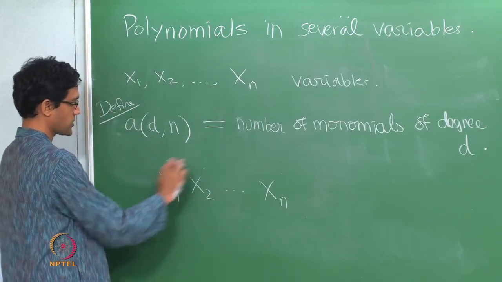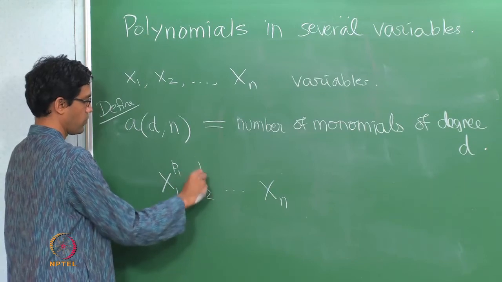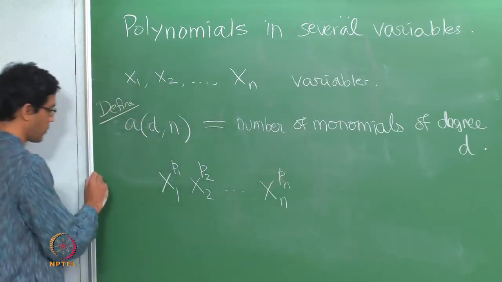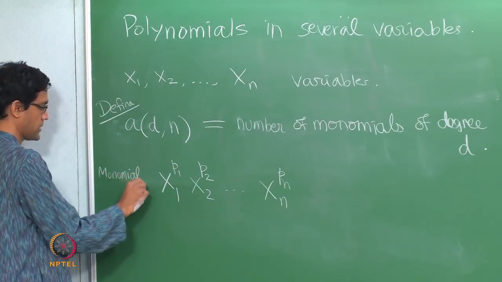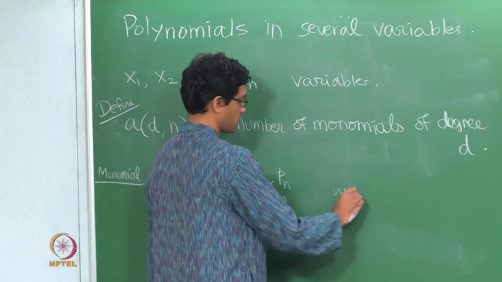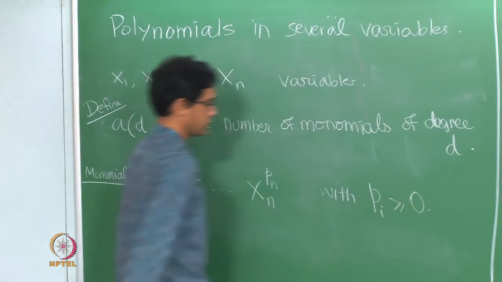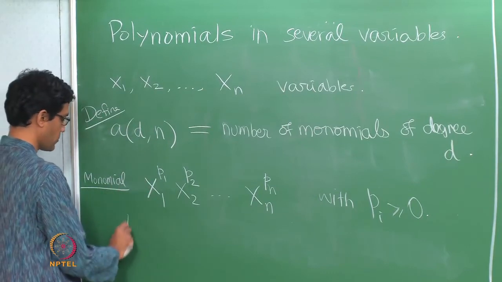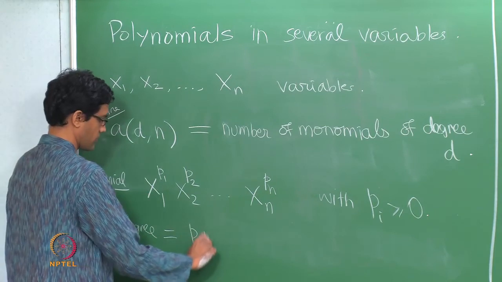So let us call these exponents x1 power p1, x2 power p2, xn power pn. So that is a typical monomial, with the pi's being non-negative integers for all i. And what is the degree of such a monomial? The degree of this monomial is just the sum of all the powers.